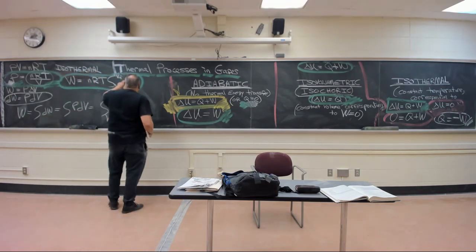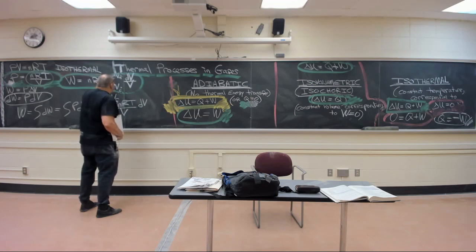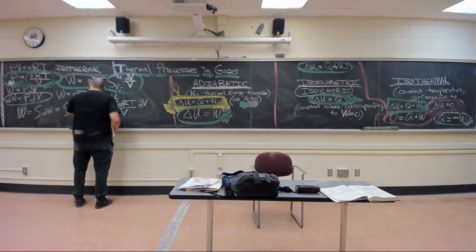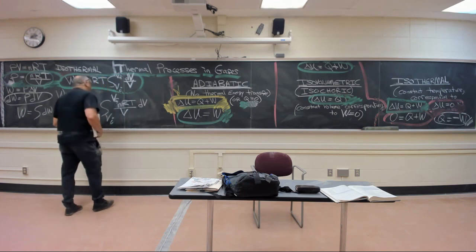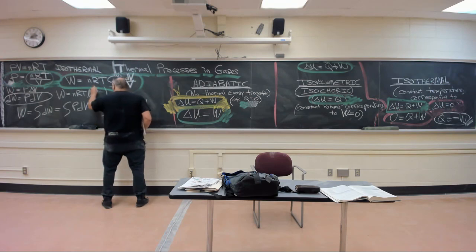When you do the integral dV over V, you get ln V. ln V between these two limits is ln VF minus ln VI. So nRT, and you guys with the Survey book, that's where it's coming from. You guys not in the Survey book, this is where it's coming from. So it's good to know it. nRT ln(VF over VI).